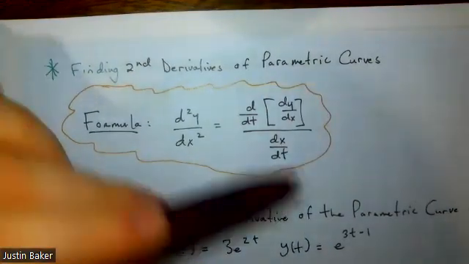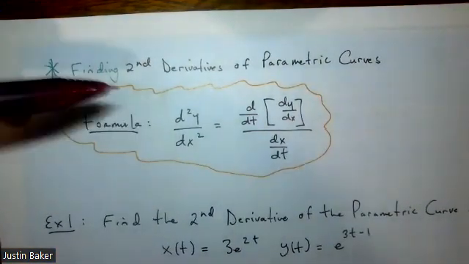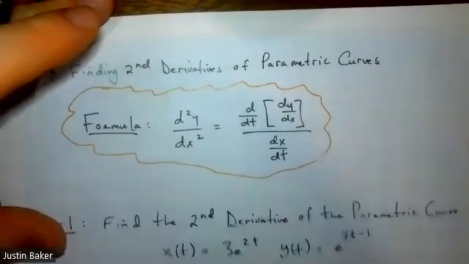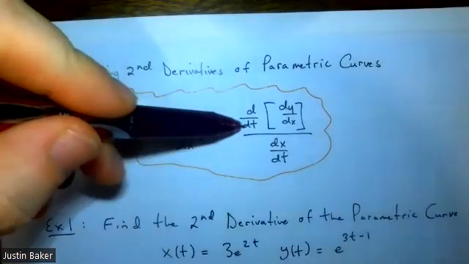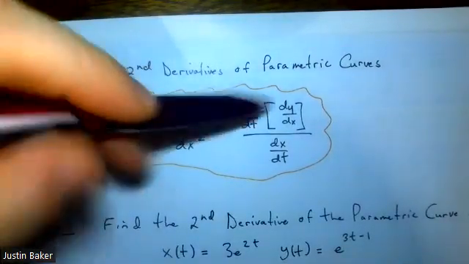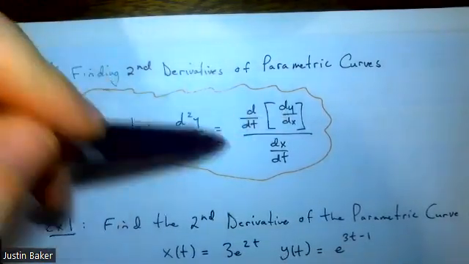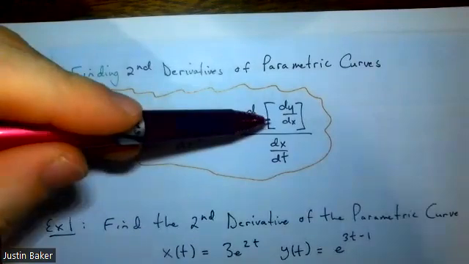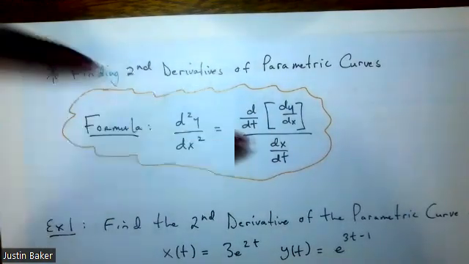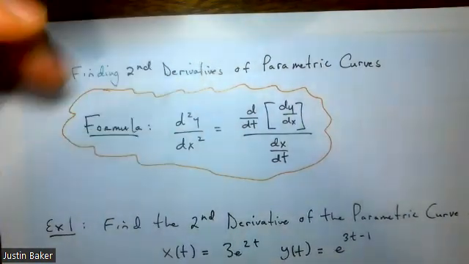There's a lengthy proof behind why that is, but for right now in this video, we're going to just say that the second derivative is equal to d/dt, which is take the derivative of dy/dx, and then leave the bottom alone. So if you are taking the parametric derivative, derive the top of the derivative, and leave the bottom alone for the second derivative.